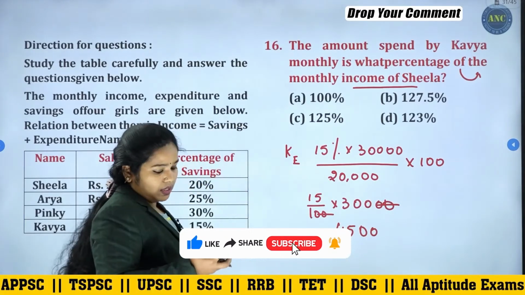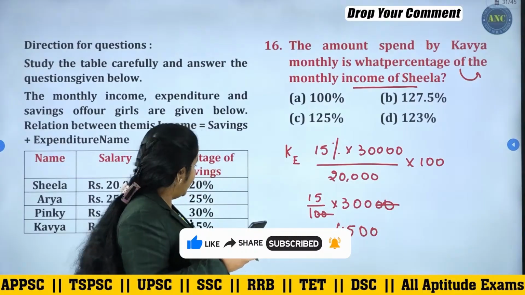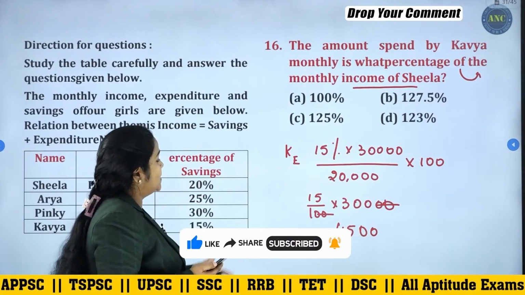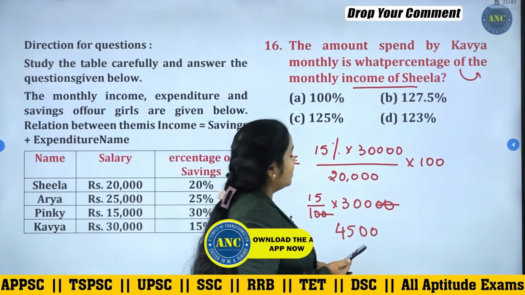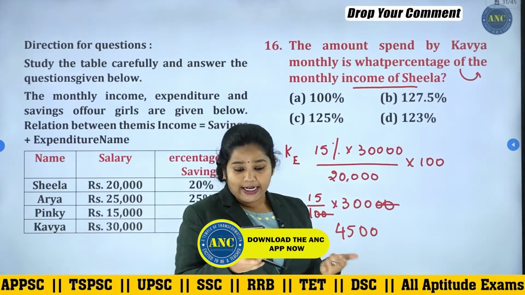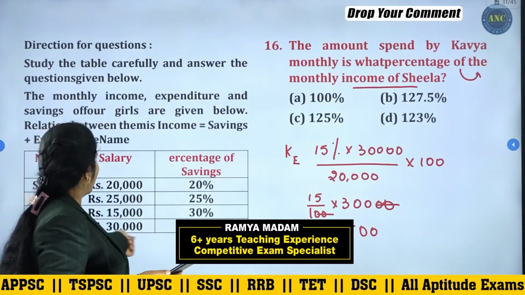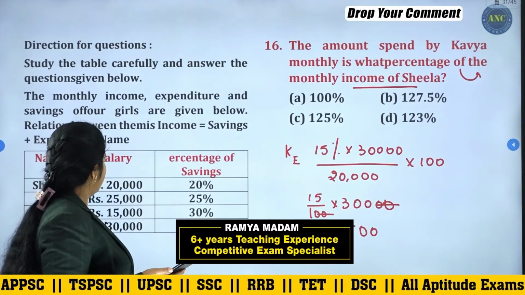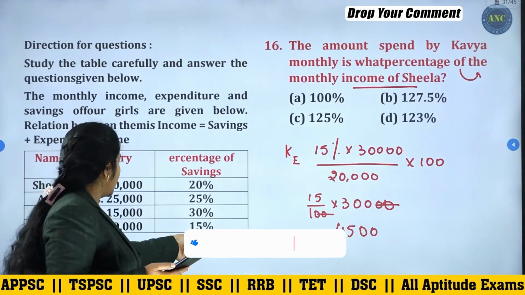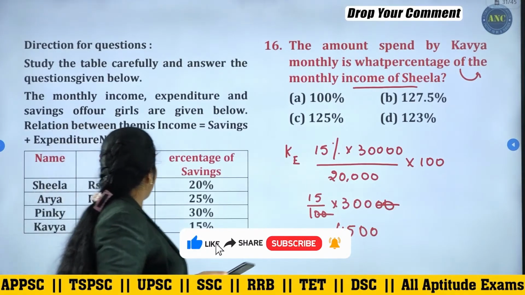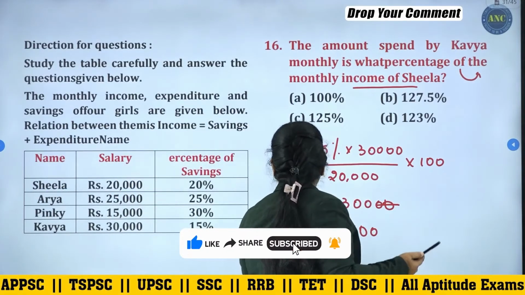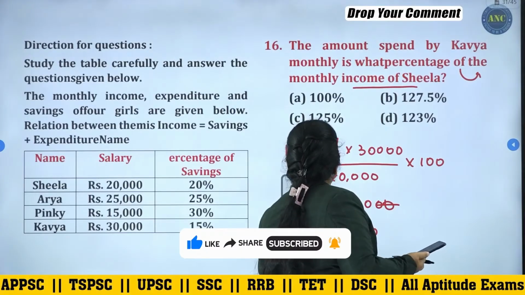Okay, fine. It's my bad. I'm sorry. Here it is the savings percentage. We need what? We need expenditure percentage, right? This is savings percentage. So expenditure is nothing but 30,000 minus 4,500. Yes, savings is 4,500. So 30,000 minus 4,500, it's how much? 25,500.